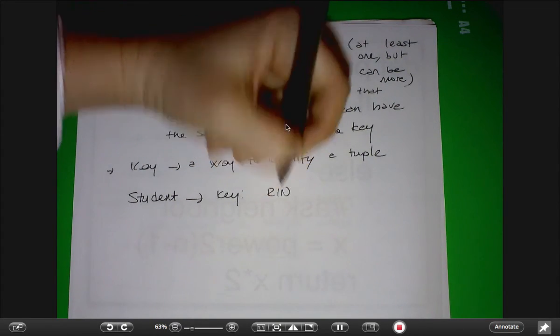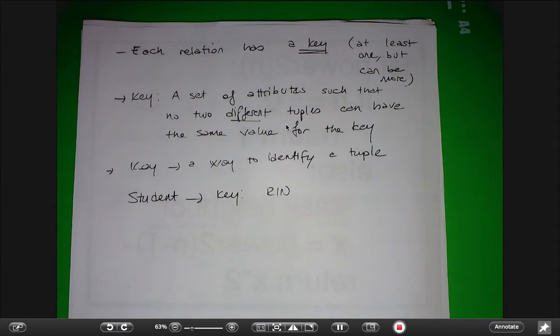So that means show me the RIN, I'll show you the student. So if I look in my database and find two tuples with the same RIN, then by default I expect that they also have the same name and other attributes, right? Because otherwise it would not be a good situation for that student. So the RIN number is unique. Do we all agree with that?